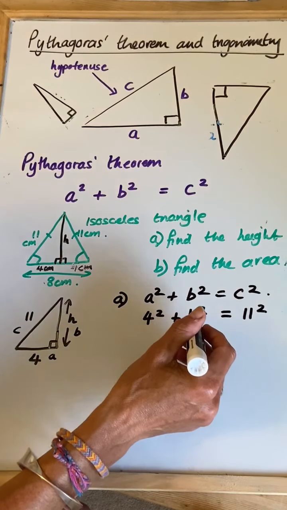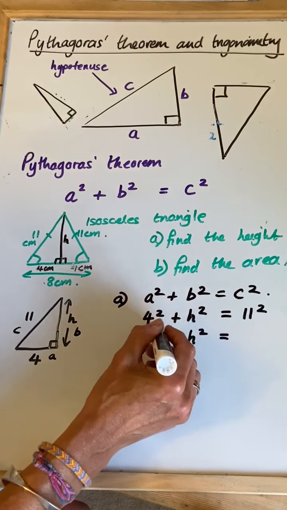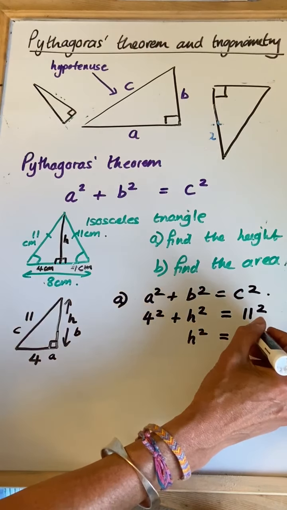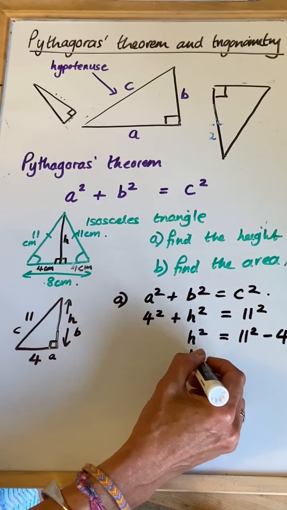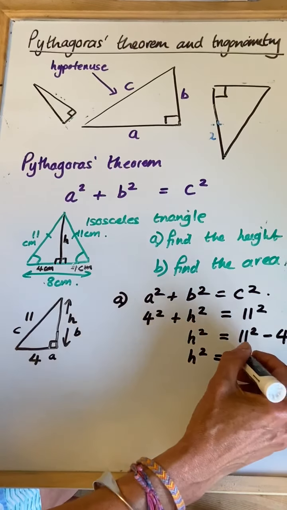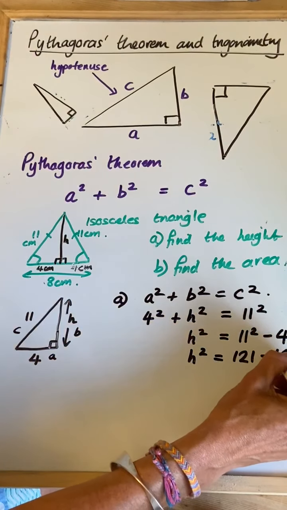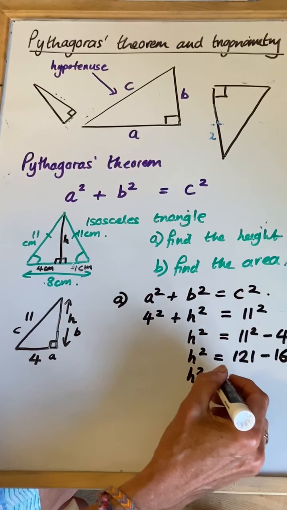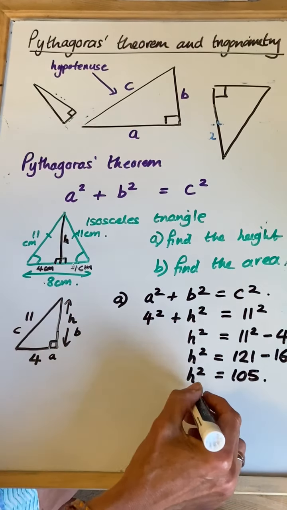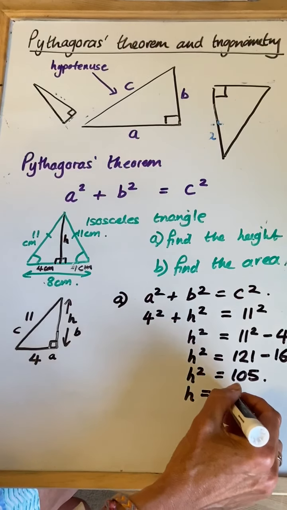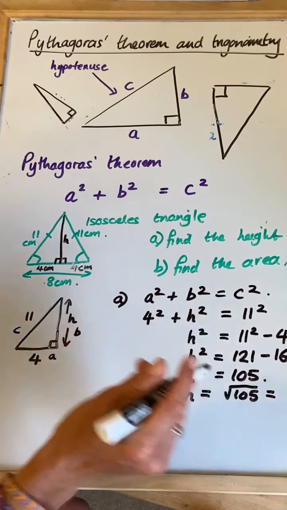So I want to get to the h, so to start off with, I'm going to subtract the 4 squared from both sides. 11 squared minus 4 squared, so h squared is going to be 121 minus 16, so h squared is 105. To get to h, I want the square root of 105, which is going to be 10 and a bit.